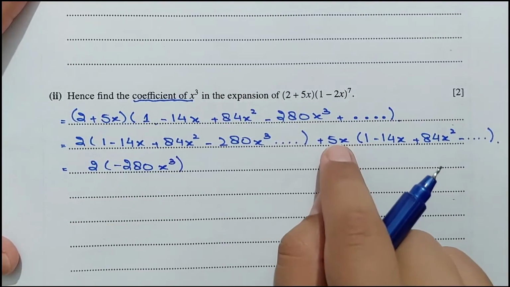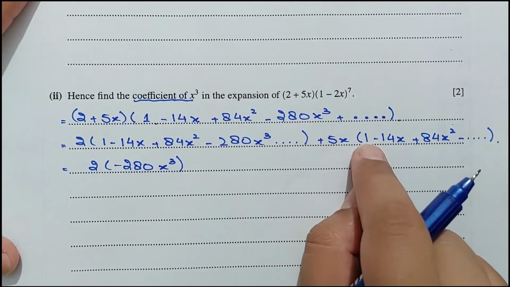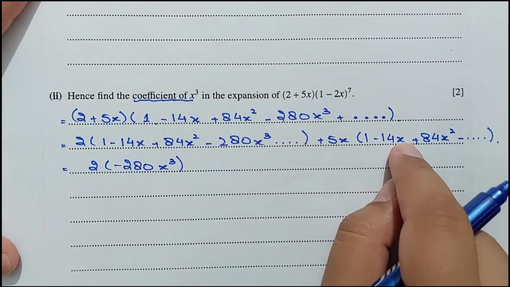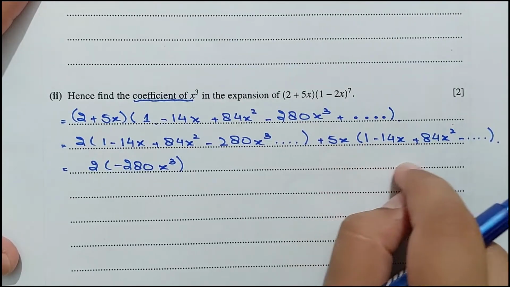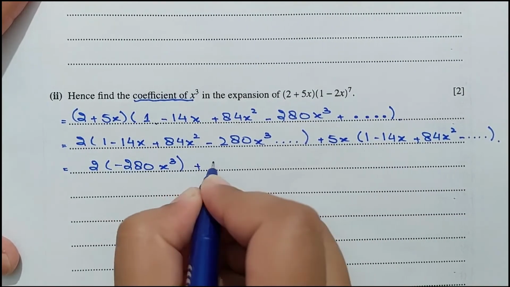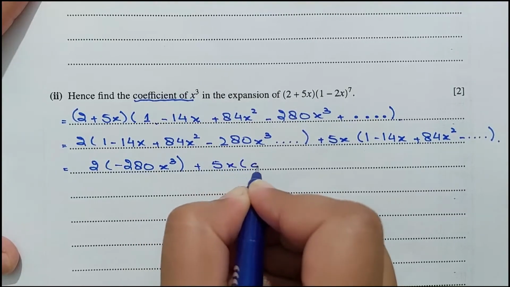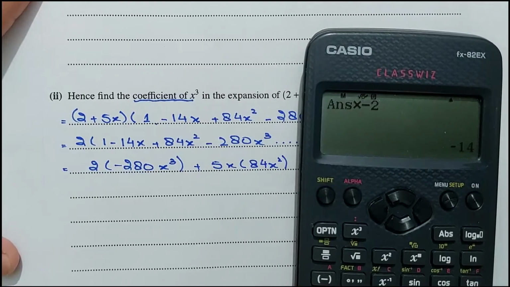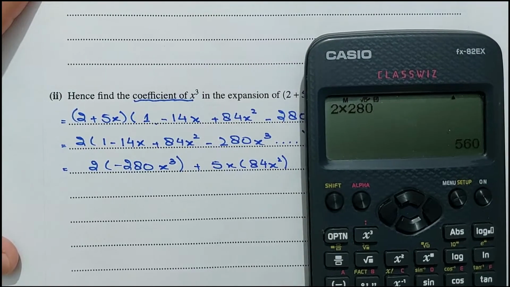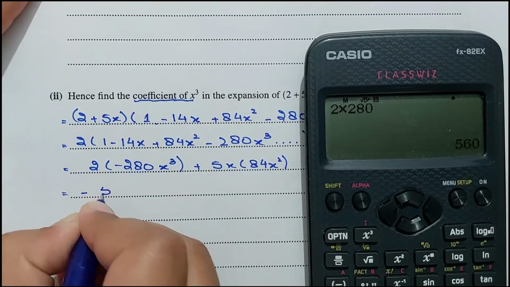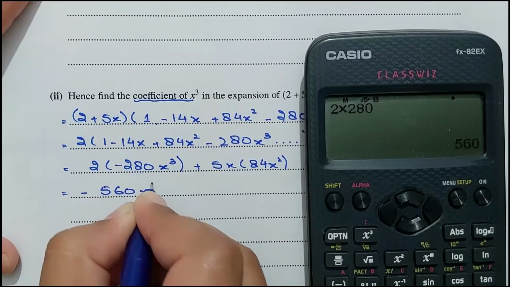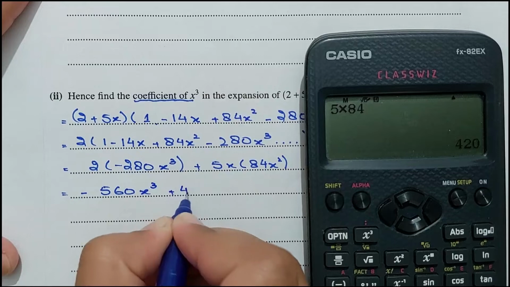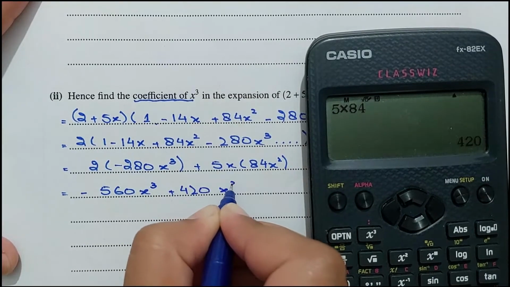All right, now this is the x term, 5x times 1, x term we will get here, times with negative 14x times x square term, and this is x cube term, which is 5x multiplying with 84x square. All right, 2 times 280, 560. Minus 560 x cube, 5 times 84, which is 420 x cube.